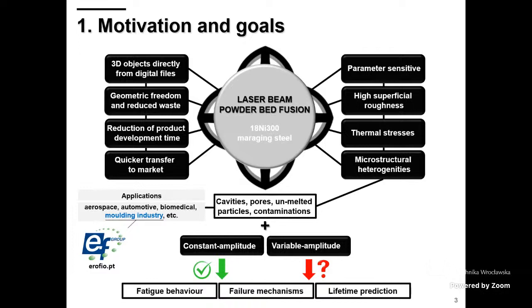But as you know, materials produced by additive manufacturing have some shortcomings. For example, they are very sensitive to surface roughness, and they have different types of microstructure heterogeneities like cavities and contaminations and melted particles. And under variable amplitude loading, there is a high risk of fatigue failure.